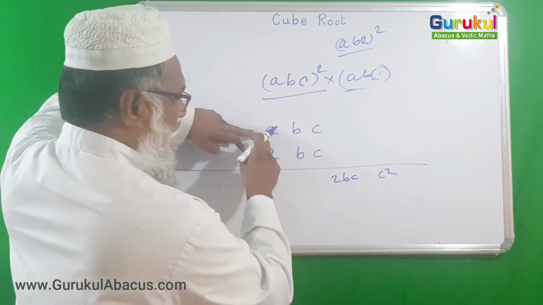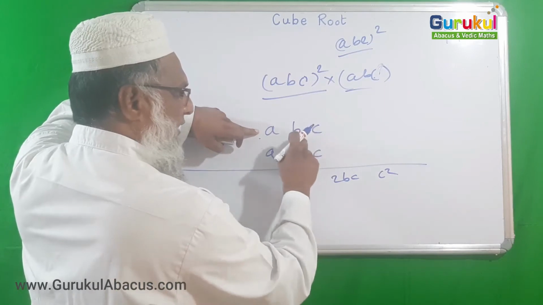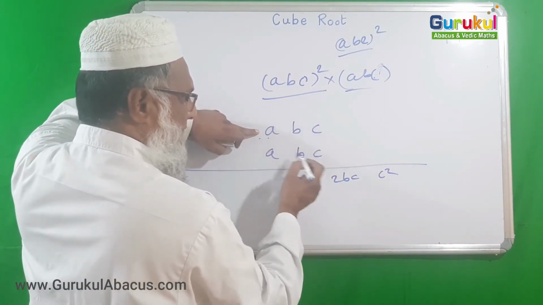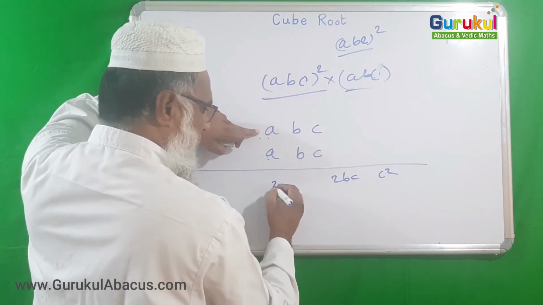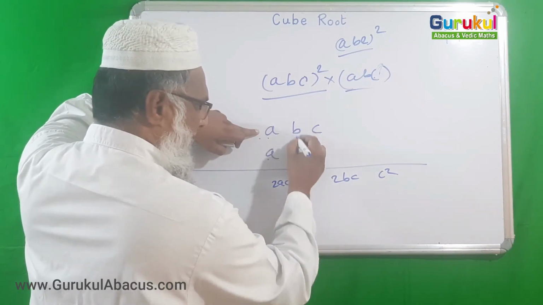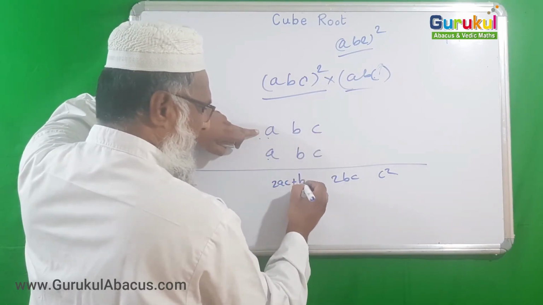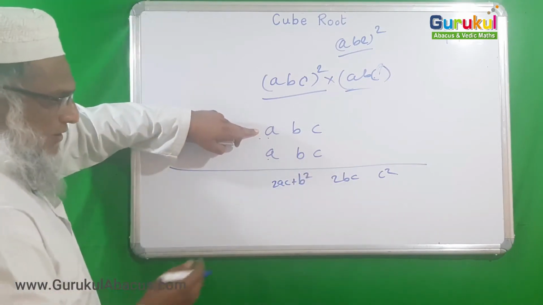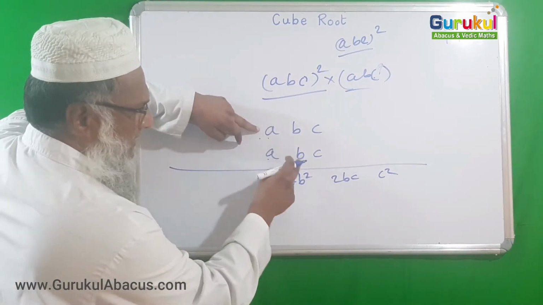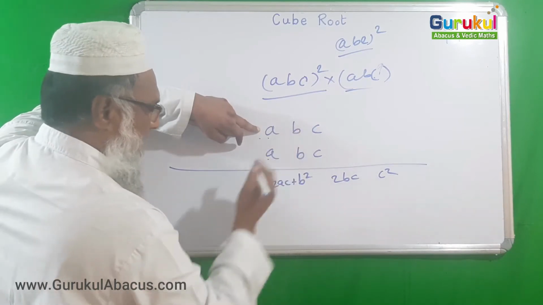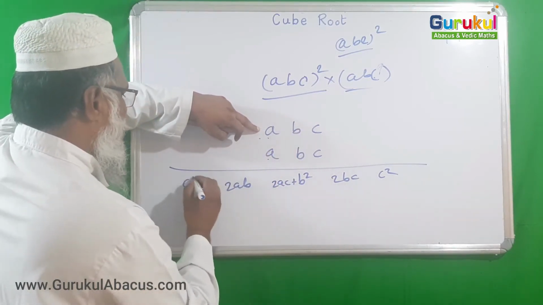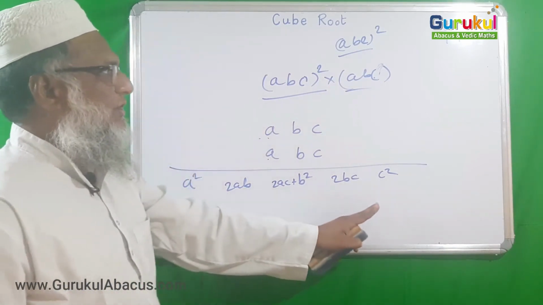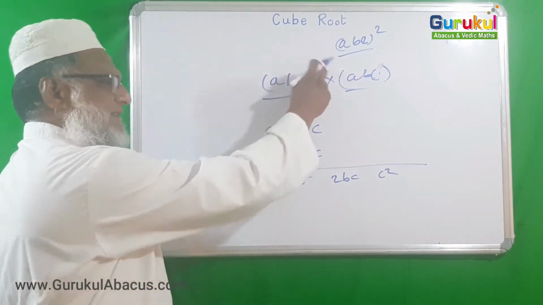Now hundred into unit, unit into hundred, and ten into ten: AC plus AC becomes 2AC, plus B into B becomes B square. Fourth step: A into B, A into B, so it becomes 2AB. And finally A into A, A square. So that is the expansion of ABC square.